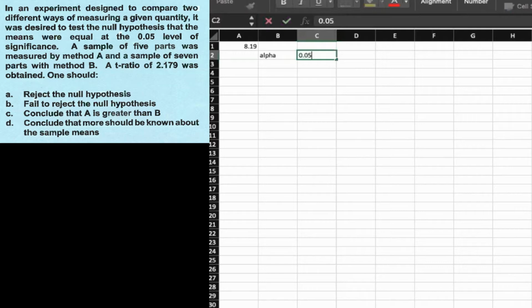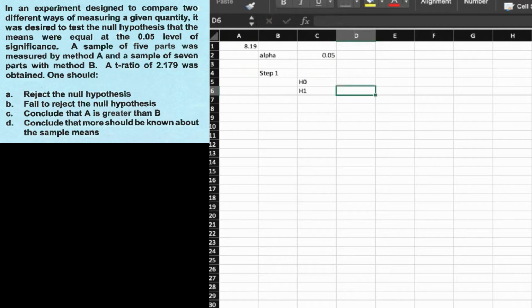Let's go through this. Step one: the null hypothesis and the alternative hypothesis, two different ways.